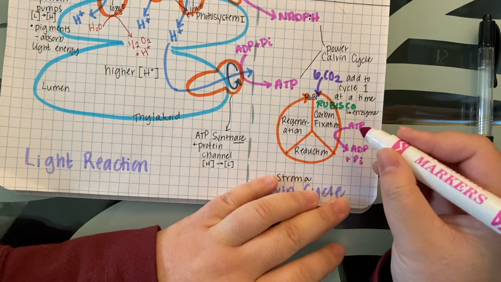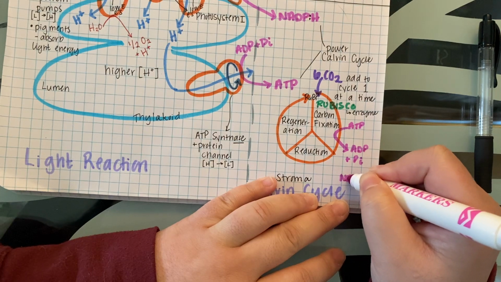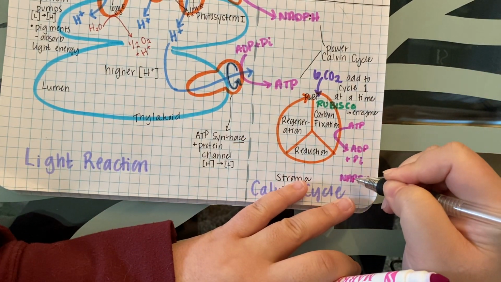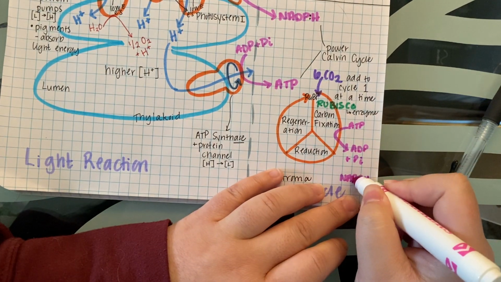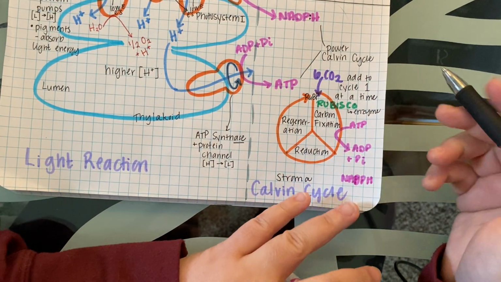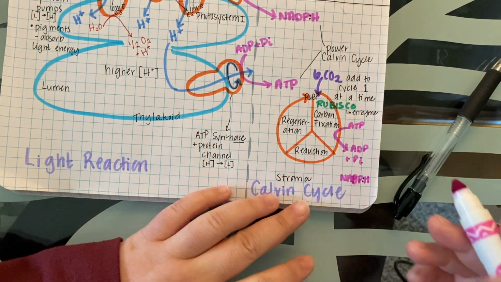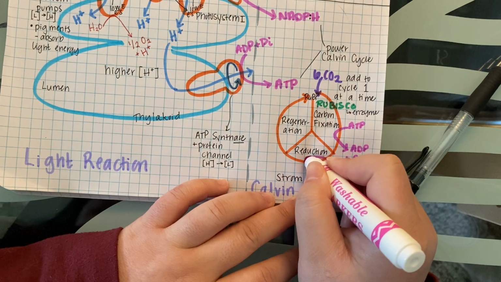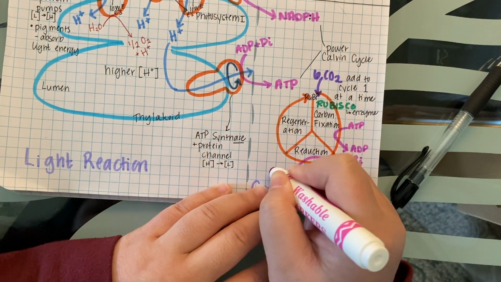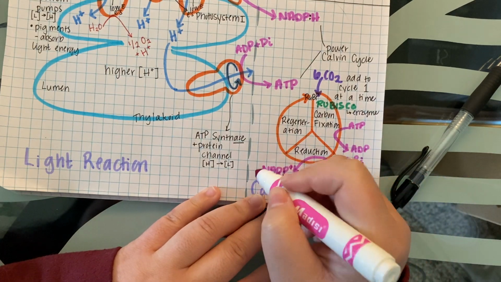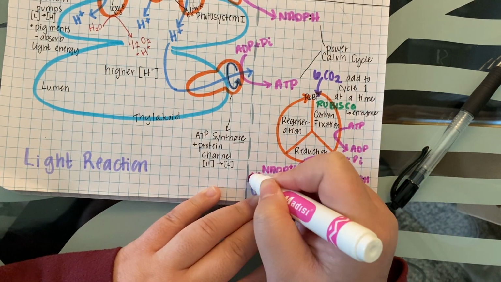We take our NADPH, and those high energy electrons get snagged, and you end up with NADP plus and some free hydrogen ions.